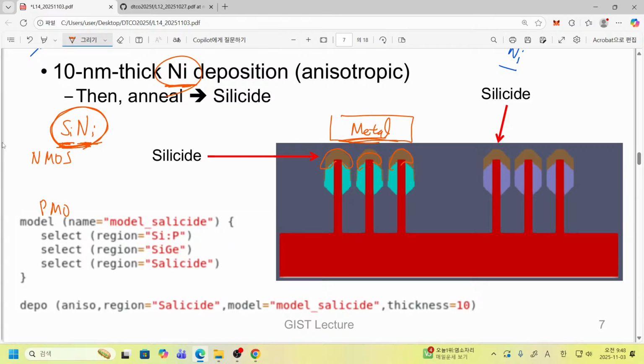In this case the silicide will become nickel silicon germanium, because silicon germanium is found in the epitaxial layer. So our silicide on top of the PMOS part will be nickel silicon germanide. That is the situation we will have.